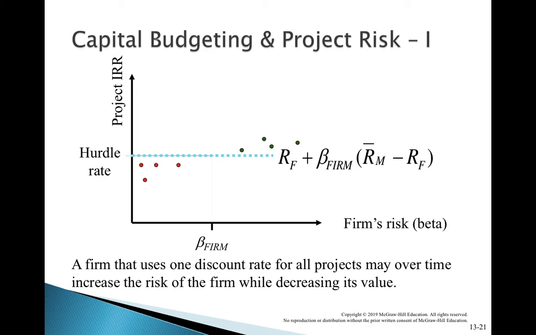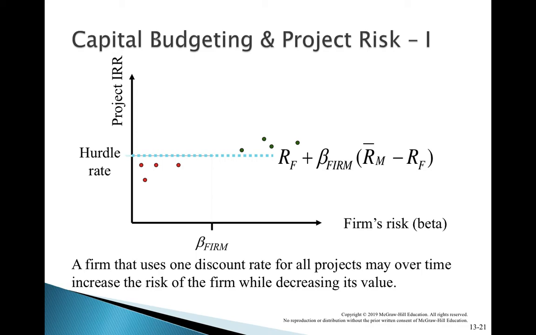Then those 4 green dots which are above the hurdle rate, that means they generate IRR. Those 4 green dotted projects generate IRR which is more than the hurdle rate.